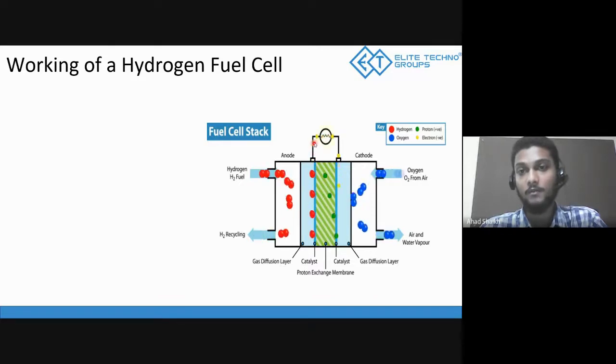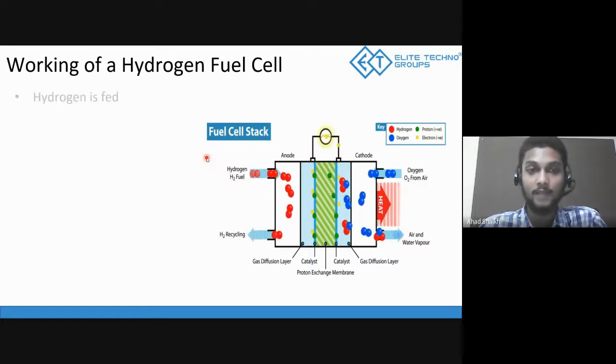All three of them come together here, and the reaction generates heat, and when hydrogen and oxygen react, the product is water as a byproduct. So this is how one fuel cell stack works.